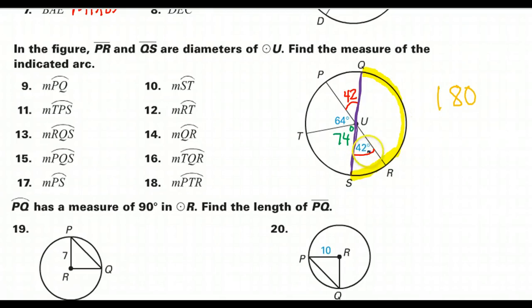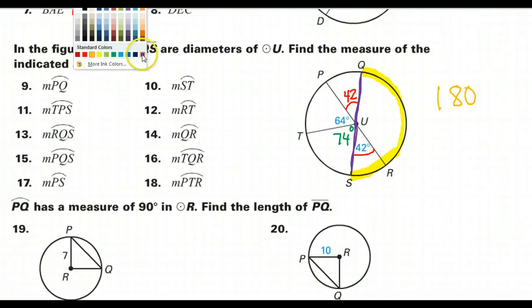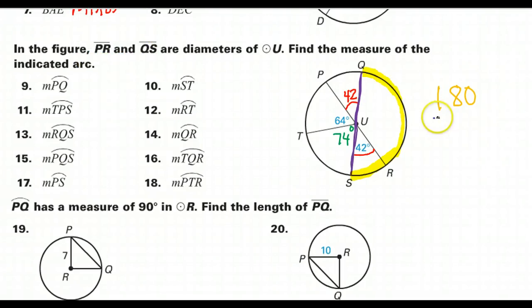And again, we're given all of it except for one angle. We're given that this is 42. So all I really need to do is take 180, subtract 42, and that's going to tell me what's left over here. So I believe this is going to be 138 degrees, 180 minus 42.